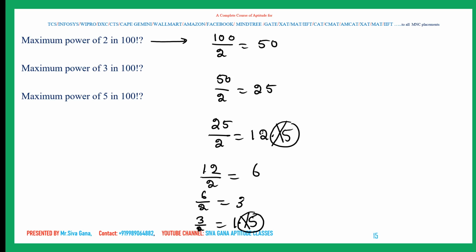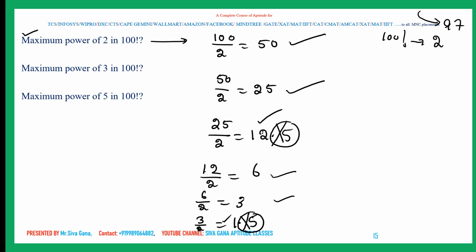Neglect this decimal part. Next 1 by 2, we get 0.5. So add these numbers. 50 plus 25, 75 plus 12, 87. 87 plus 10, 97. Therefore, the maximum power of 2 in 100 factorial is 97. It means if you write 100 factorial in terms of 2 powers, we can write up to 2 power 97.